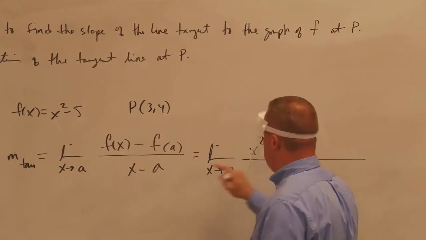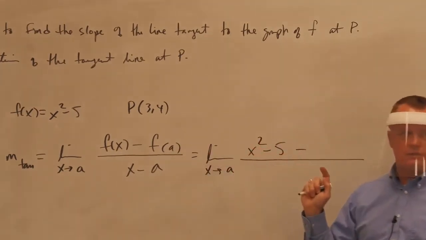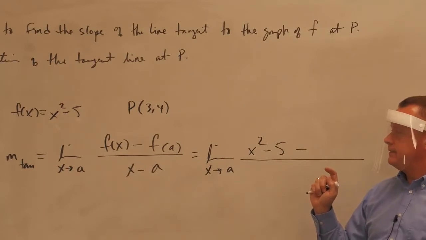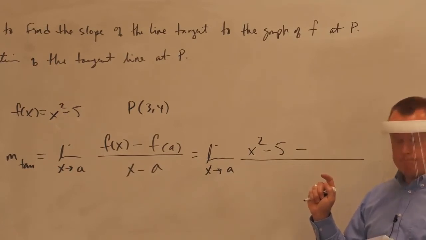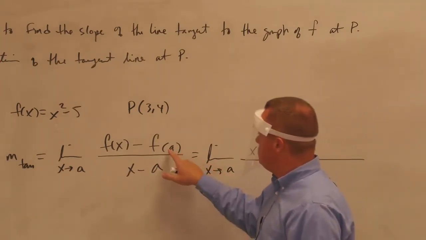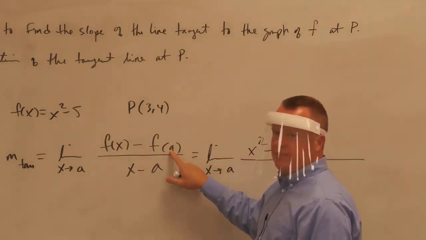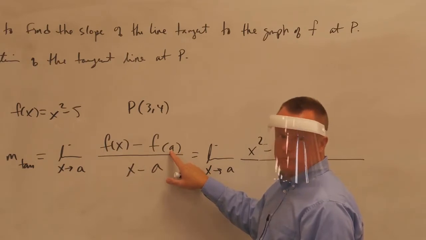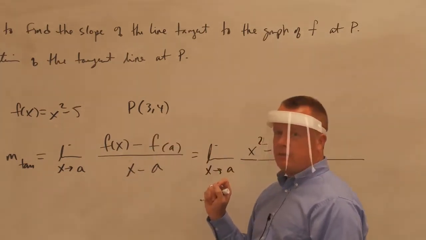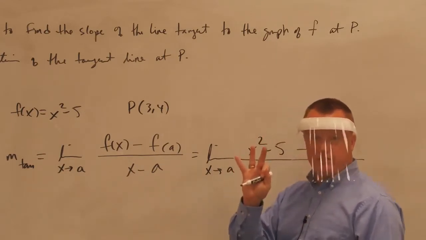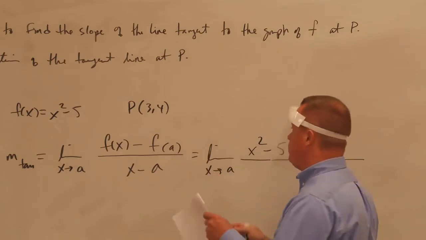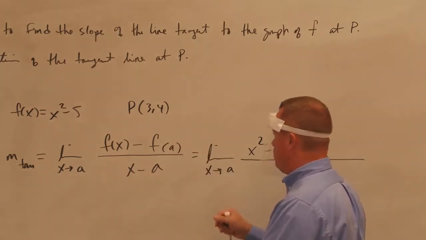Minus, all right, what does f of a mean? Well, what is a at the point we're looking at? Is it 3 or is it 4? It is 3. It's the x value, right? F of a would actually be that y value, right? So really we could go ahead and put 4 in there.